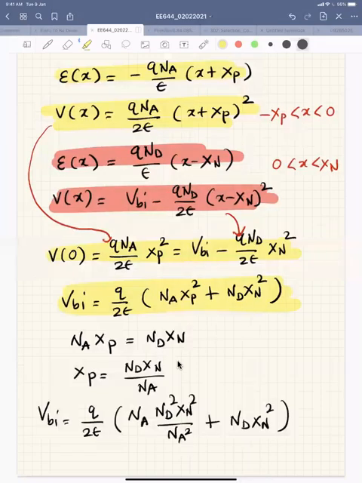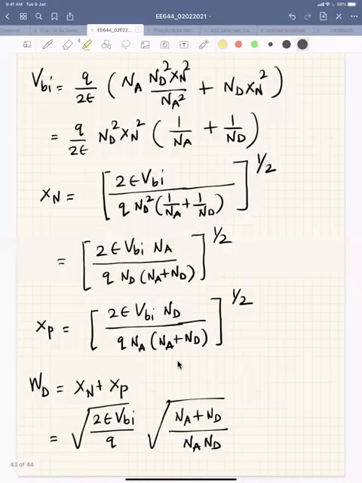You could do a little bit more math. We know that NA xp equals ND xn. If you do this math, you will find that your built-in potential VBI will be q by 2 epsilon times ND squared xn squared divided by (1 plus 1 by NA plus 1 by ND). From here you could find the depletion width in the N side and in the P side.